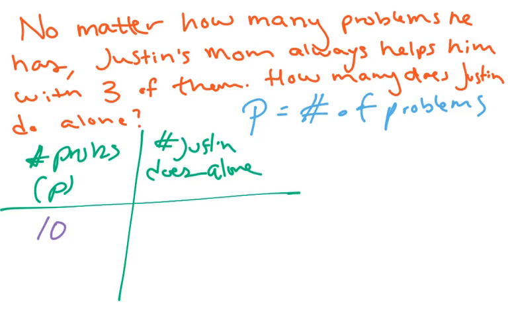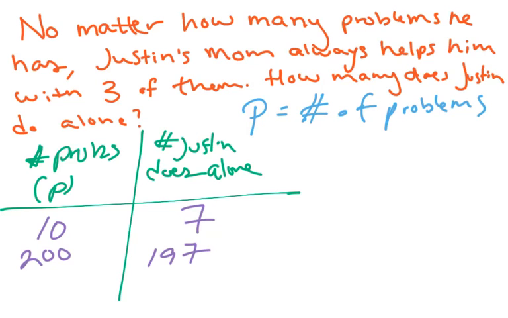Mom helps him with 3 of them. Justin has to do 7. The next day Justin has 200 homework problems. Oh my gosh, really big day, studying for a huge test. I would never give 200 homework problems, but maybe that's all together total. Mom helps him with 3, so now he has 197 to do by himself.